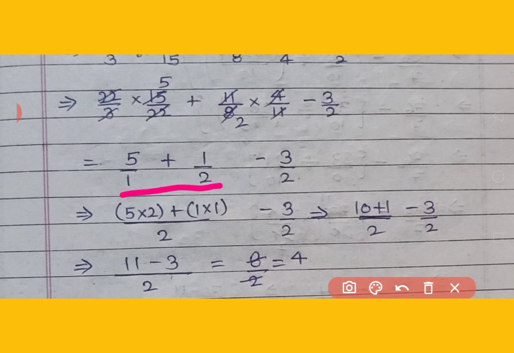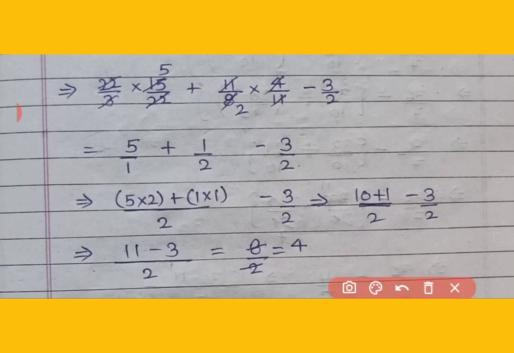So 1 2 is 2, and 2 multiplied with 5 became 10, and after it 2 1s are 2, 1. So 10 plus 1 upon 2 minus 3 upon 2. It became 11 upon 2 minus 3 upon 2. Both denominators are the same, so directly they can be subtracted.